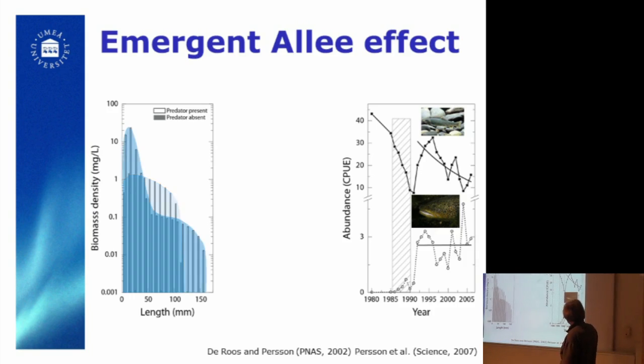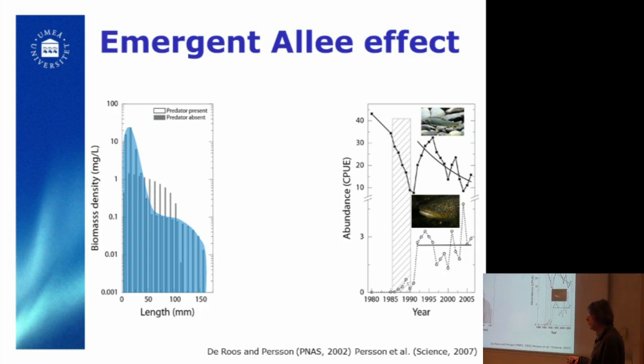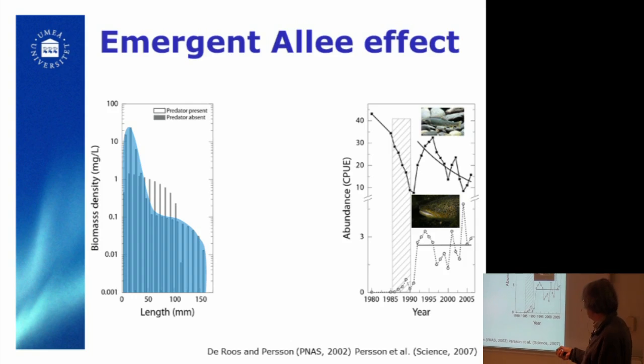Whereas in the presence of the predator, the predator culls the population, and you get more of the big ones. But the important thing is you also get more of the small ones that the predator is feeding on, through increased population fecundity. Even though this has been well known before, this aspect is an important thing.